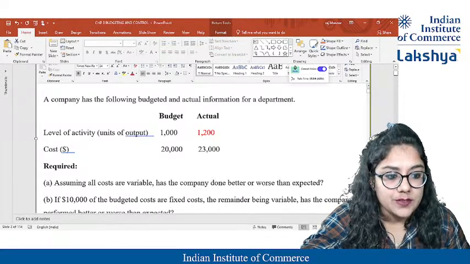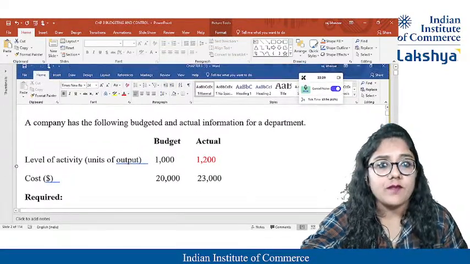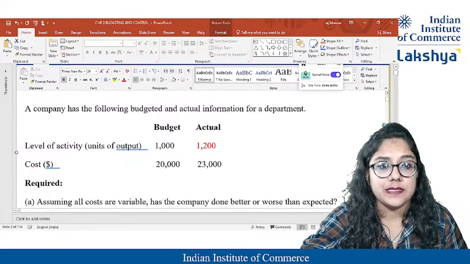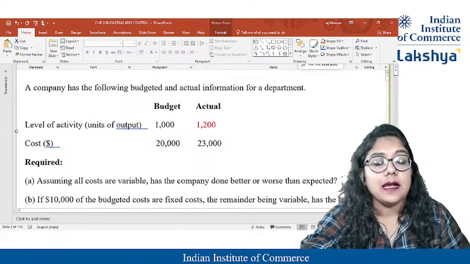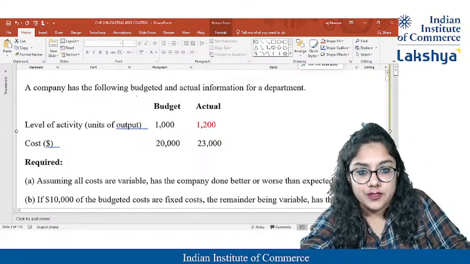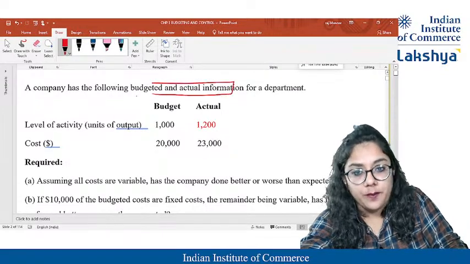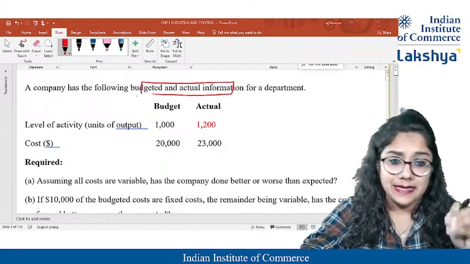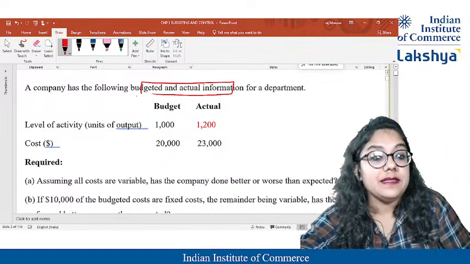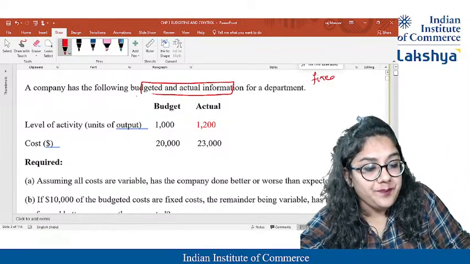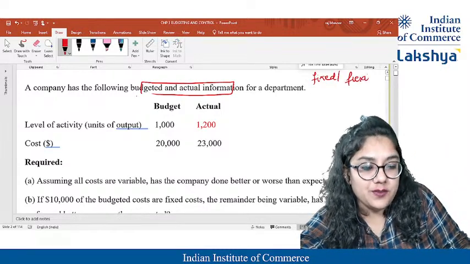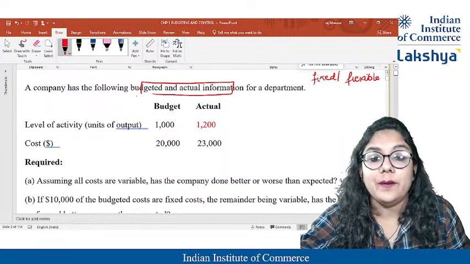This is a question which is there in your notes. I've just copied it and pasted it over here so it is easily available. A company has the following budget and the actual information from the department. So basically they have given two types. This is from the concept of fixed and flexible. We'll try to analyze it.